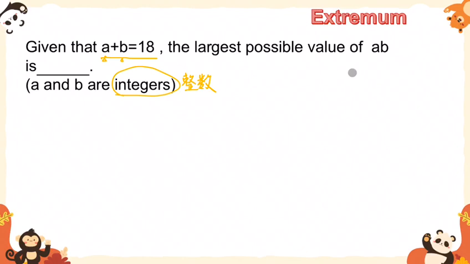So, somebody said, teacher, I don't know how to do this question. Then you can enumerate one by one, 列举, or list one by one. So a plus b is 18.